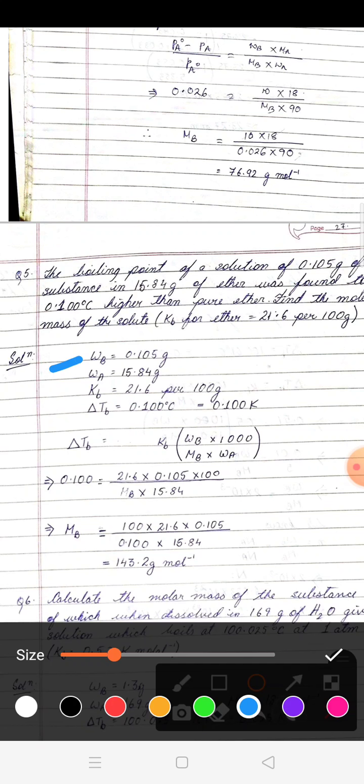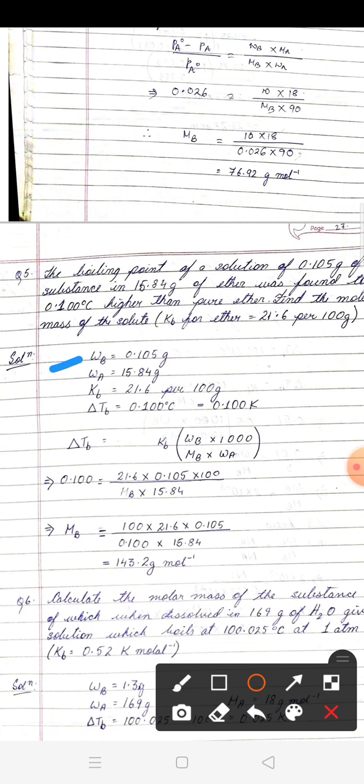Now, since it is elevation, it is the difference. But remember, you have to take it in the Kelvin scale. So, how do you usually convert from Celsius to Kelvin? You normally convert it by adding 273. But here you have to be very, very careful.